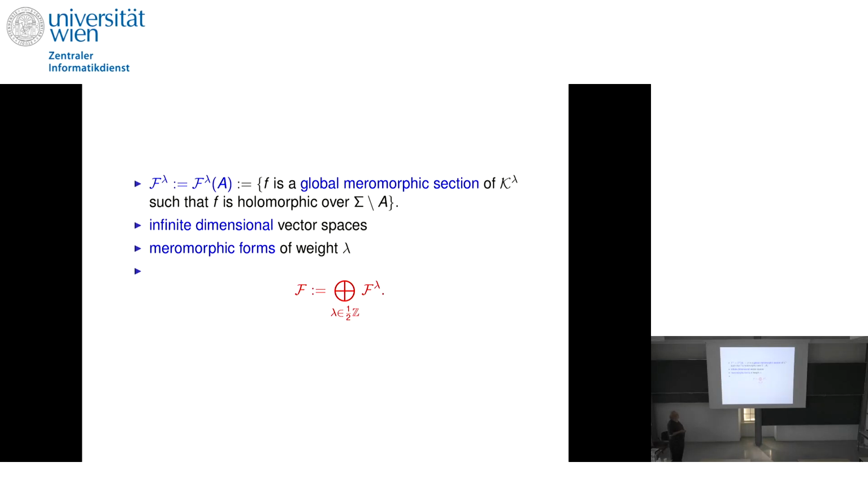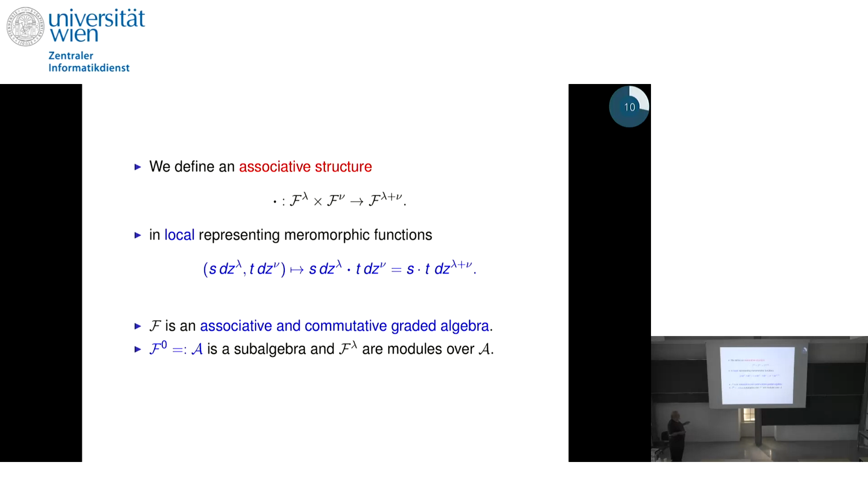Now I don't want to go too much into the details, because I need to get to this genus 0 situation that I really want. But please tell me to stop, and I will explain in more detail.